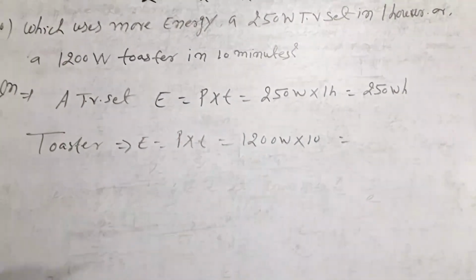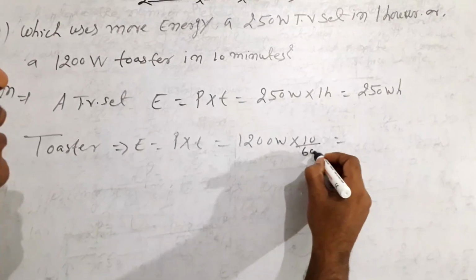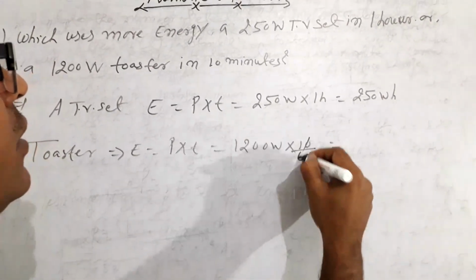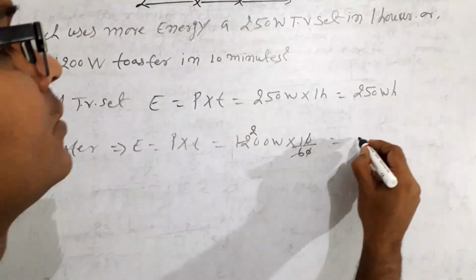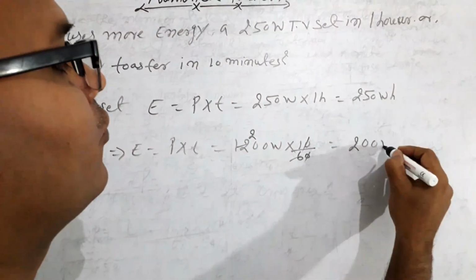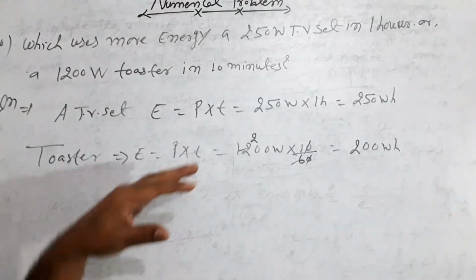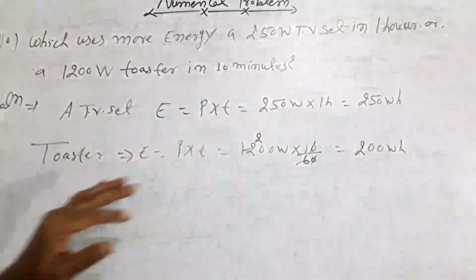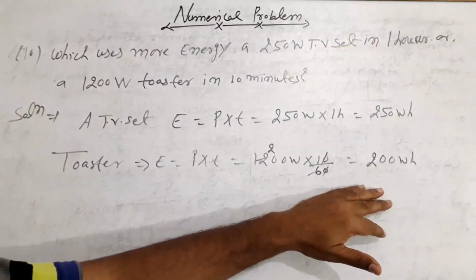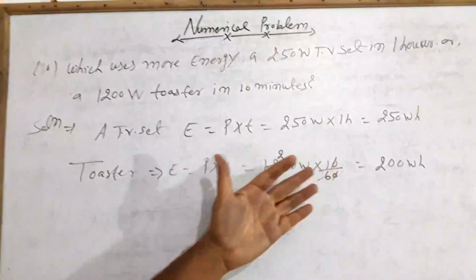First you change the time, divided by 60. Then the zero cancels, and 2 times means 200 watt hour. So in this comparison you have seen that the TV has more energy and the toaster has less energy. So you can say the TV has more energy. Okay.